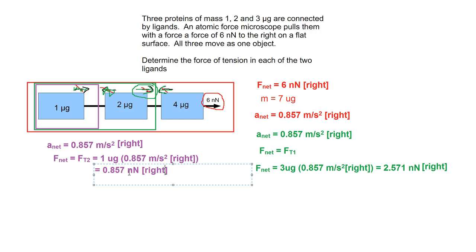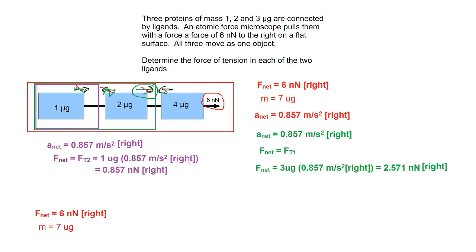Right. Now, last up, you can do a sanity check. When you're dealing with this, we can compare the forces and the mass they have to pull. So what you'll find here is it takes 6 nanonewtons to pull 7 micrograms.